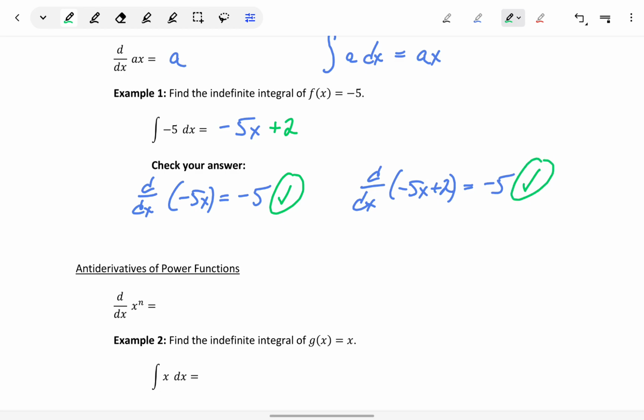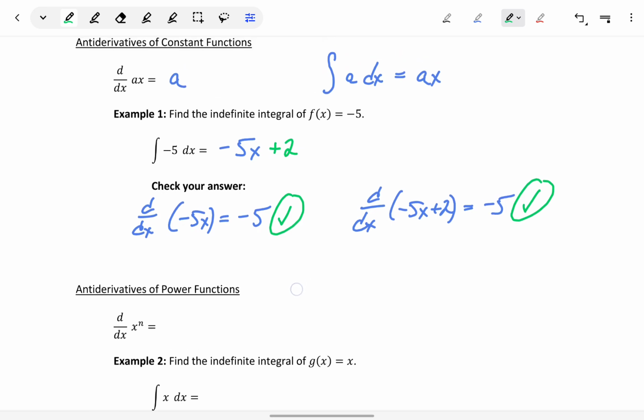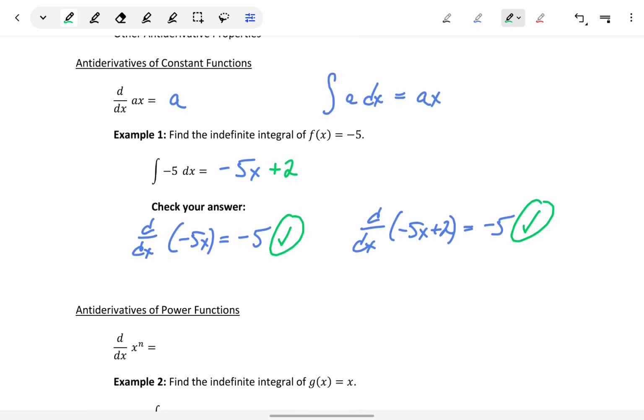Meaning we have two different answers that we've very quickly constructed for the result of that indefinite integral. And we could repeat this process. We could add a +4, a +5, plus whatever we wanted onto the end of that. And that would take us forever, because literally we could do that with an infinite number of numbers.